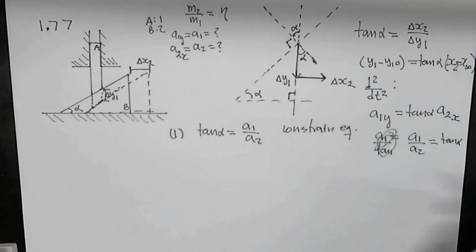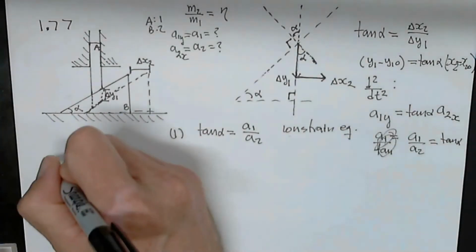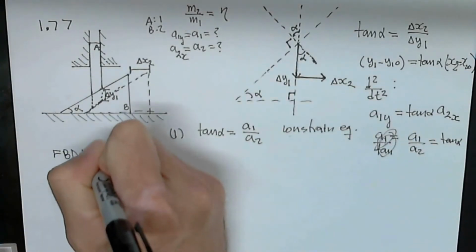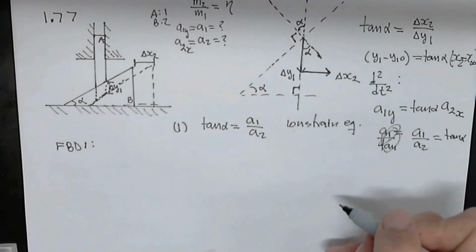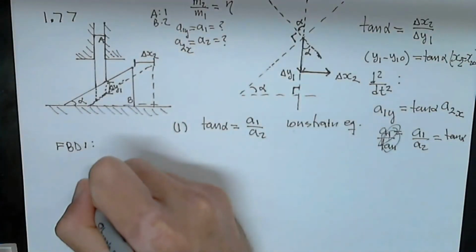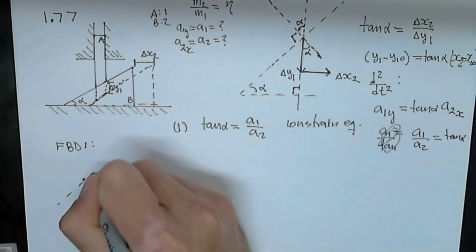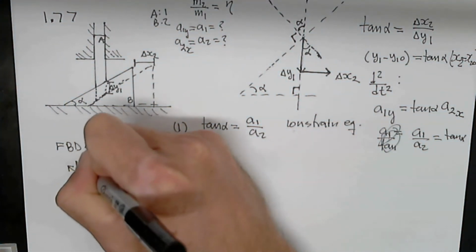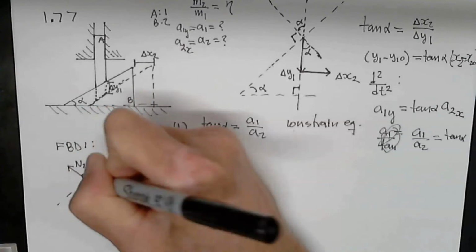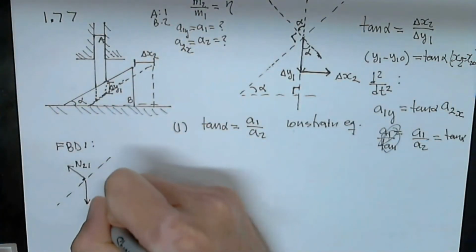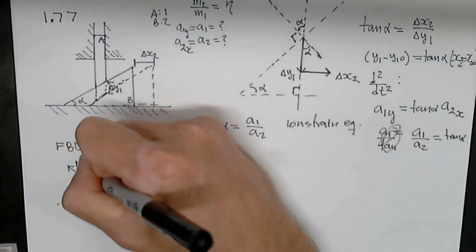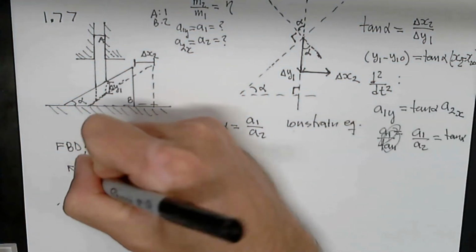Now let's put the free body diagram for the rod. You have wedge on rod, and you have M1g, and again this is alpha.